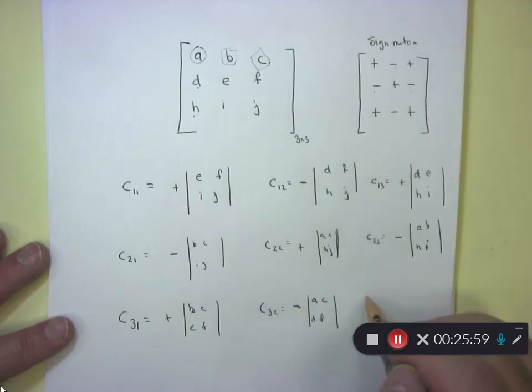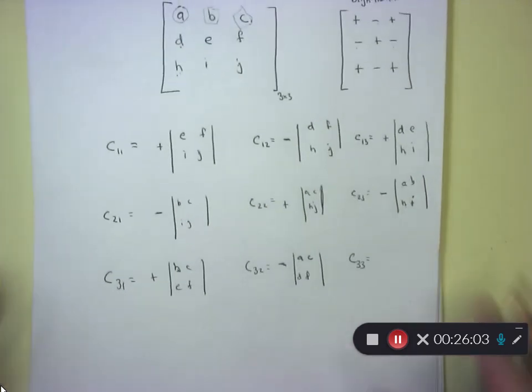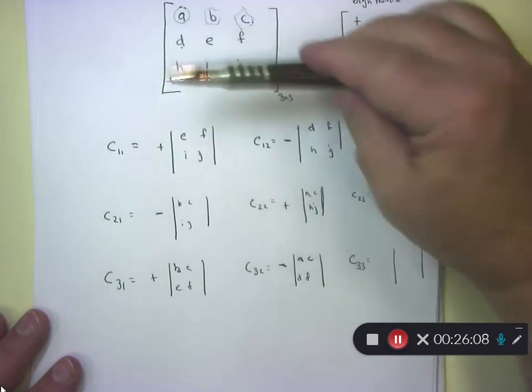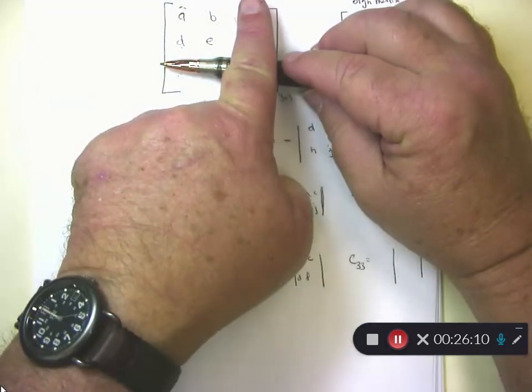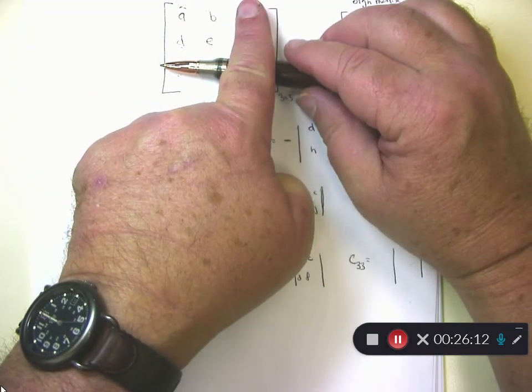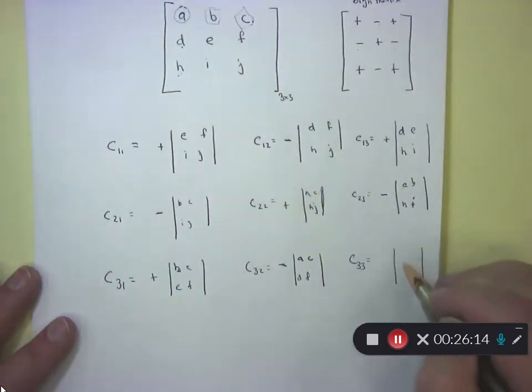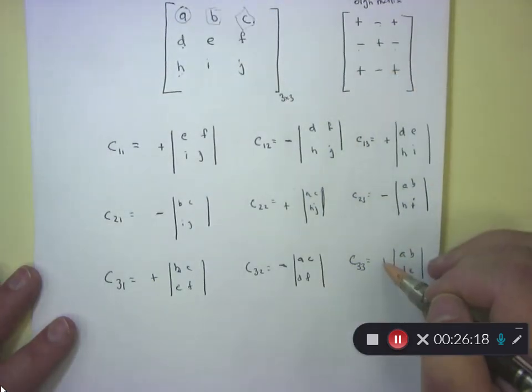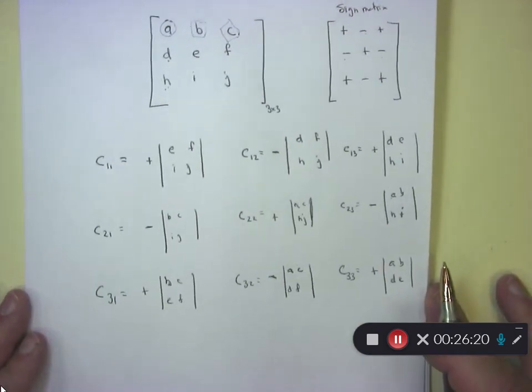And then C33, the third row, third column position. You get A, B, D, E, and that sign is positive. Does that make sense?